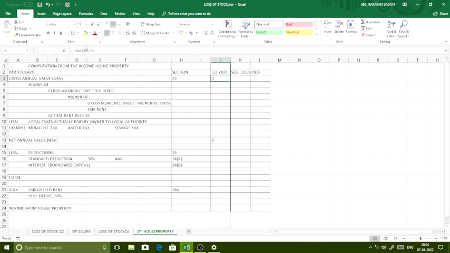And what is the reasonable expected rent? Here we can say maximum, higher of this, comma this. Then for the let out part, we get the total from this minus deduction number 1 at the rate of 30%, minus deduction number 2.